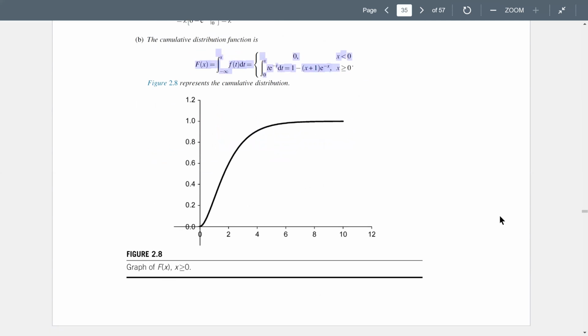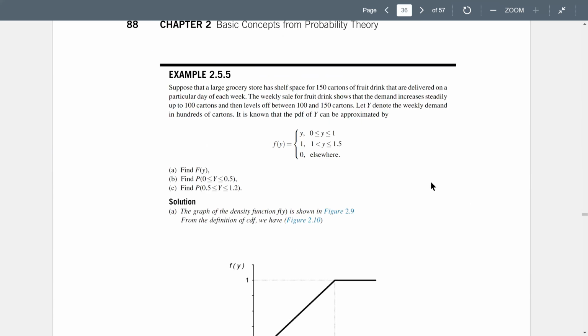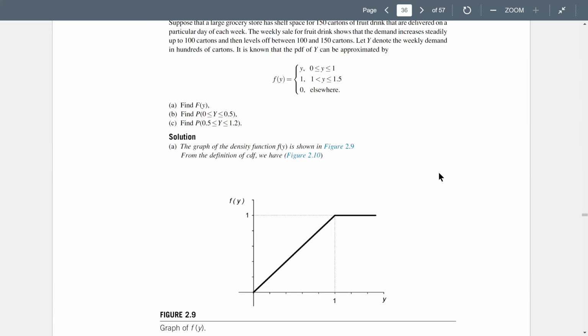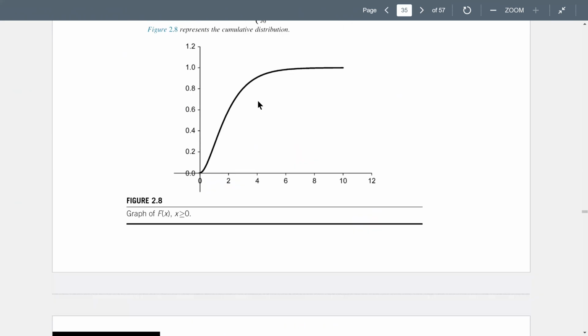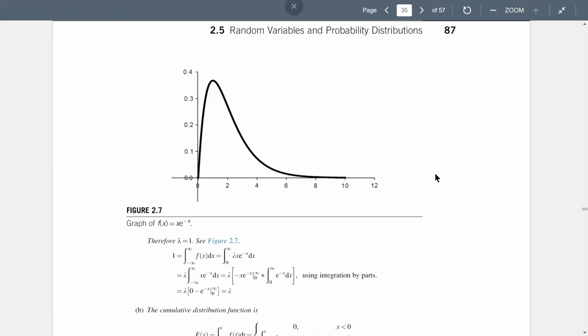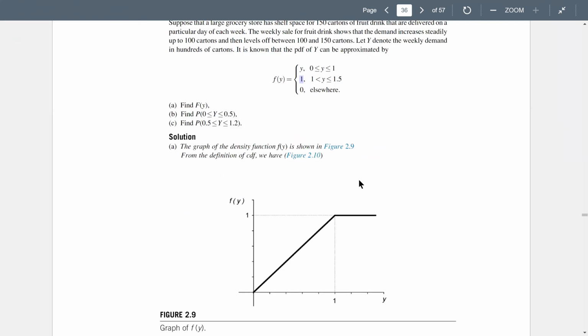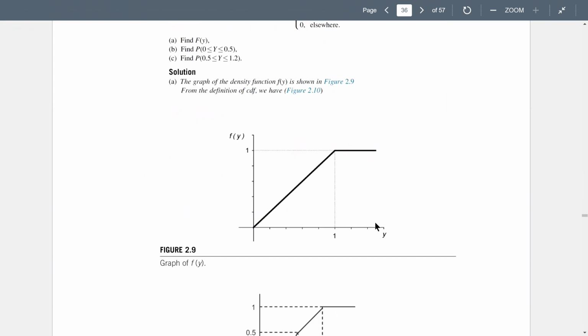This is a random variable, and for this one, the function is linear. This is non-linear. So with this function, you will do the same thing, right?